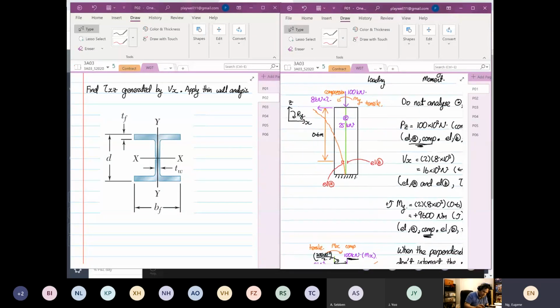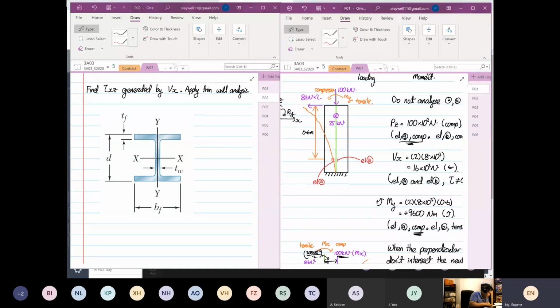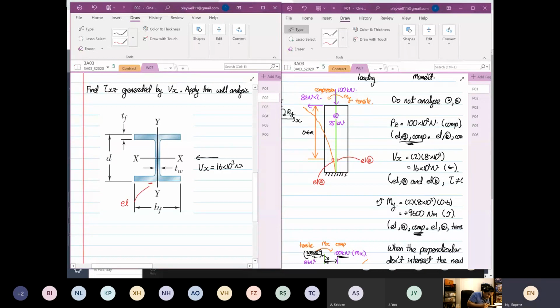Vx is running at 8 kilonewton per side. So our Vx we found is 16 times 10 to the power 3 Newton. We find the position of our Vx. Over here, this is your element A.